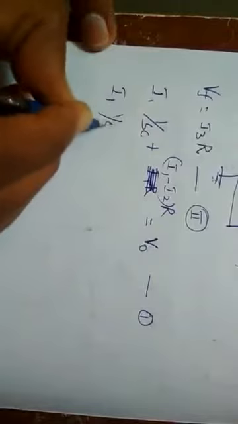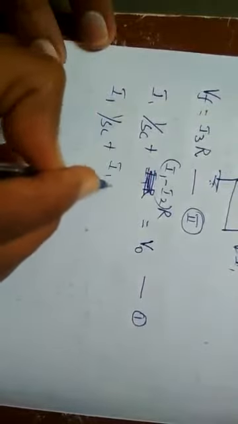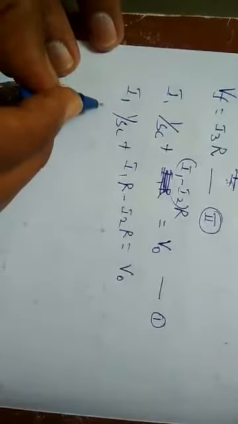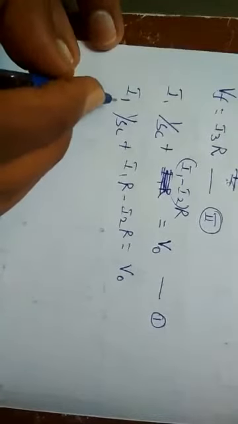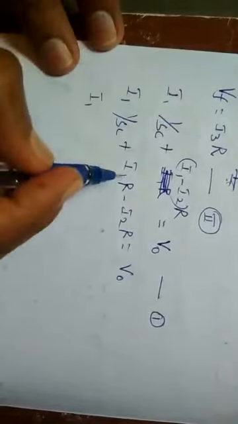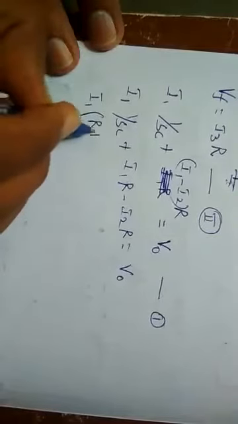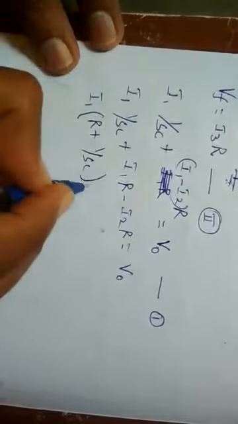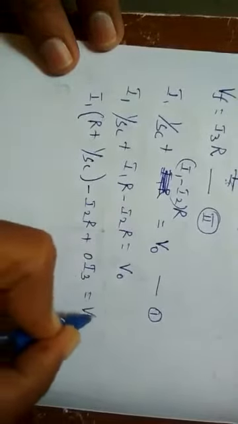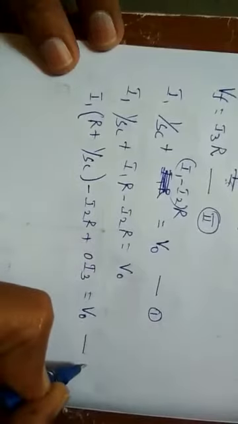If we expand this, I1 into 1 by SC plus I1R minus I2 into R equals V out. We can write it in order, and there is no I3 in this first equation. So taking I1 common, I1 into R plus 1 by SC, minus I2 into R, plus 0 times I3, since there is no I3, equals V out. You name this as 2.